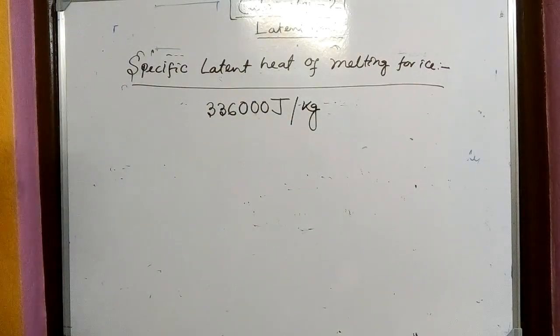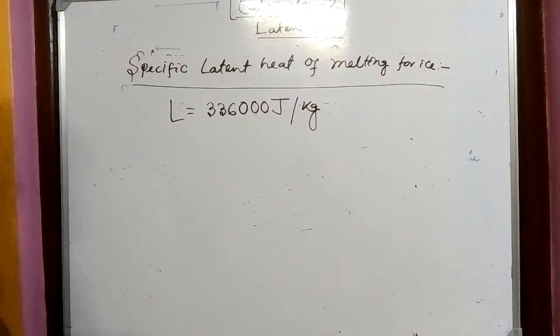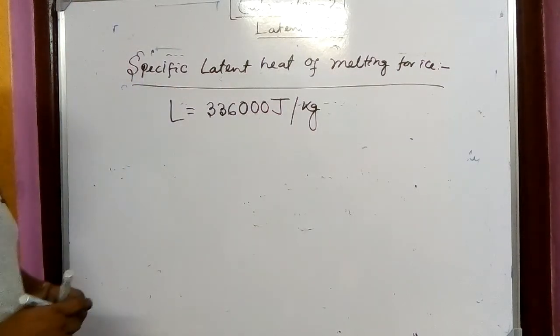This much heat energy is the value of L for ice to melt to water.